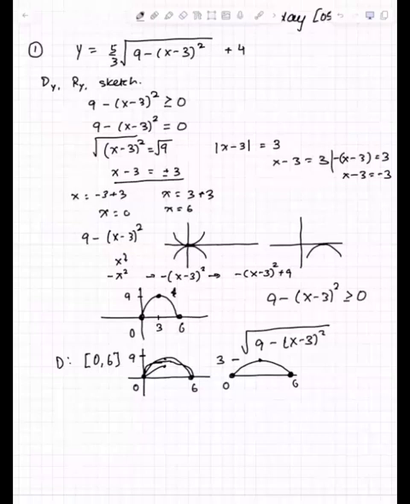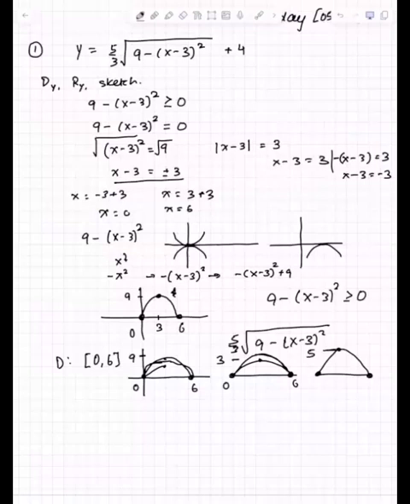Okay, now what are we doing to this? We are multiplying all the y values by 5/3. So that's going to make it like this. Stretch it out a bit. And where is our height going to be now? It's 5/3 times 3, which is 5. Okay.